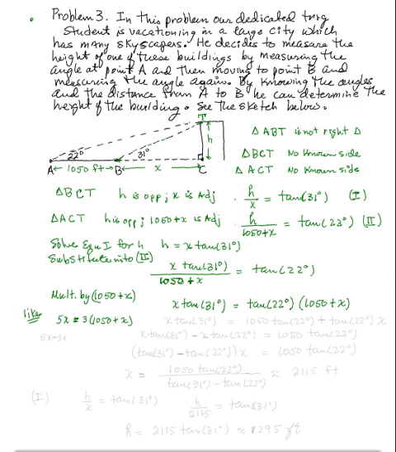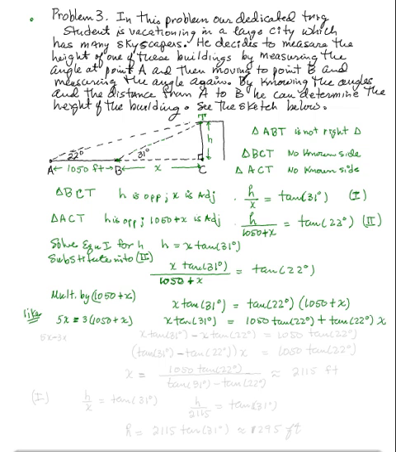So in the first line, I'll just distribute the tangent of 22 degrees on the right-hand side of the equation, and I'll have 1,050 times the tangent of 22 degrees, plus tangent of 22 degrees times x. Okay.